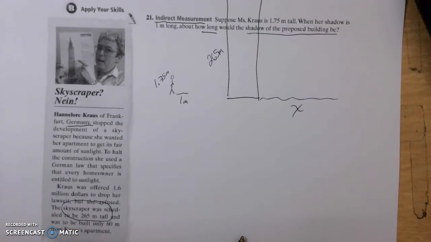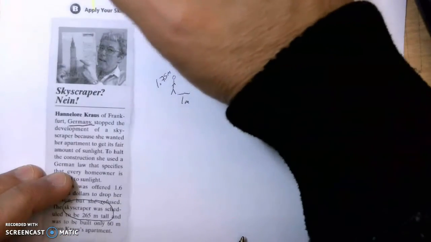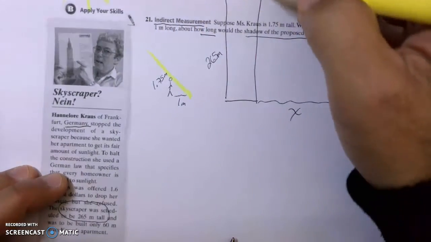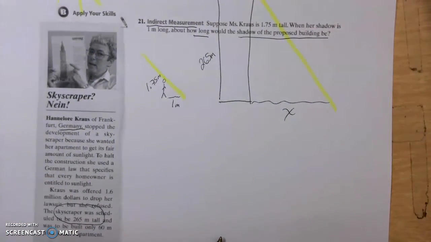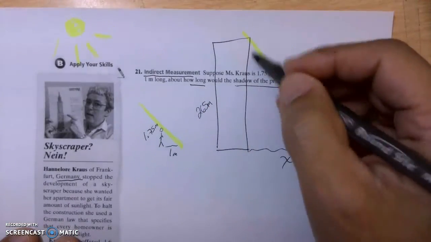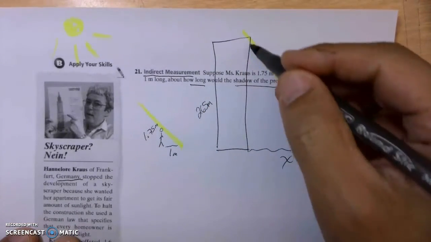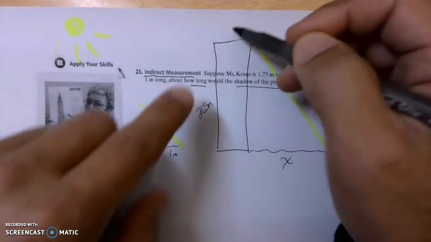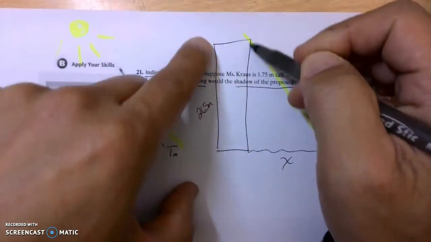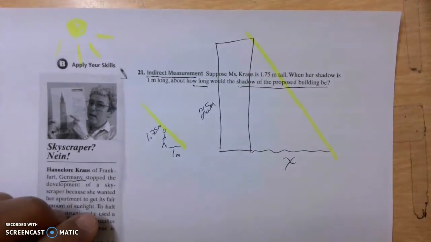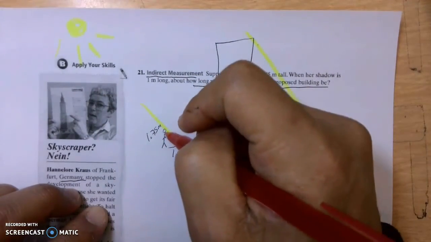Now you got to imagine there's a sun out here, and when the sun shoots its ray on a person, it will create the shadow. And this is pretty much two triangles here. This triangle is a 1.75 by a 1. This is 265 by X. What we're basically going to do is, again, focus in on these two triangles here.